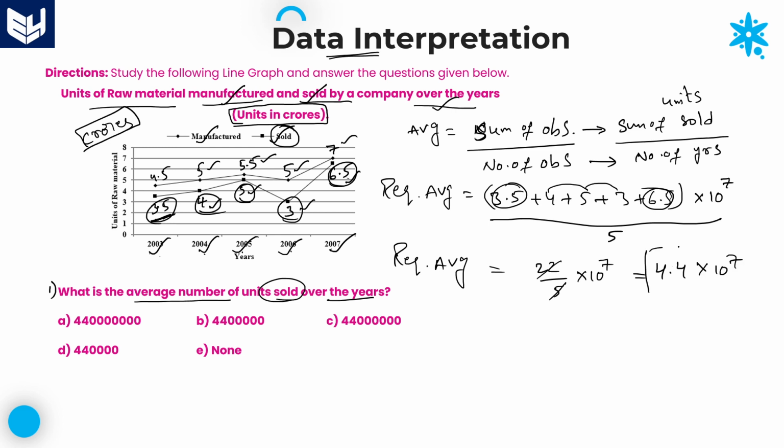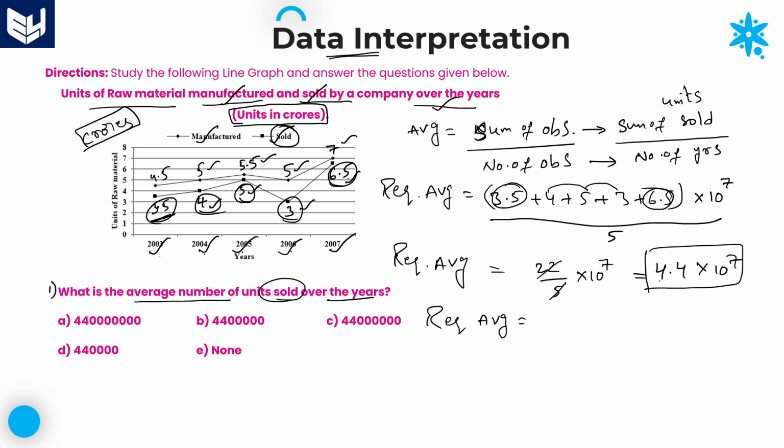If your answer is 4.4 into 10 to the power of 7, it is very important to keep the number of zeros at the end of that particular number. That is very important, right? Therefore, if you want 7 zeros, that particular number should be 4.4. But if you observe carefully, each and every option is given as 44 followed by zeros.